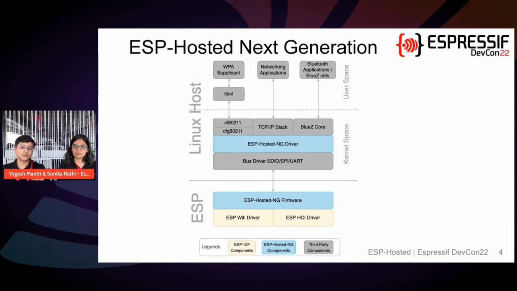We are only introducing the blue colored software. In the Linux space, it is a kernel module. You just have to install it or insert it in your Linux system, and that's all. You don't have to do anything other than that in the Linux subsystem. With that, you should get the wireless connectivity solutions easily.